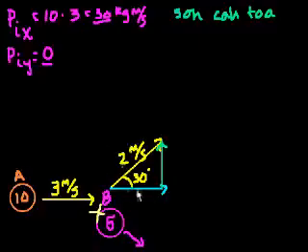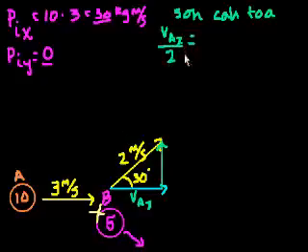So if we want to figure out the x component, the velocity of A in the x direction, well, this is adjacent to the angle. We know the hypotenuse, so VA sub x, the velocity of A in the x direction, over the hypotenuse, over 2 meters per second, is equal to what? Adjacent over hypotenuse, cosine, is equal to cosine of 30 degrees.